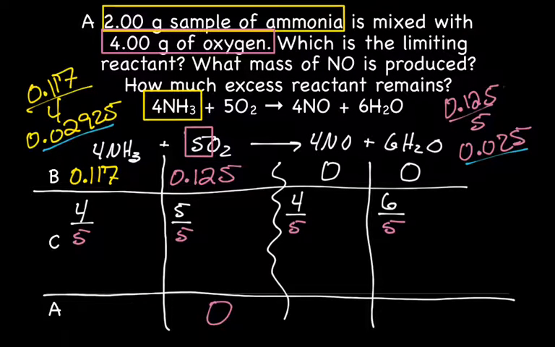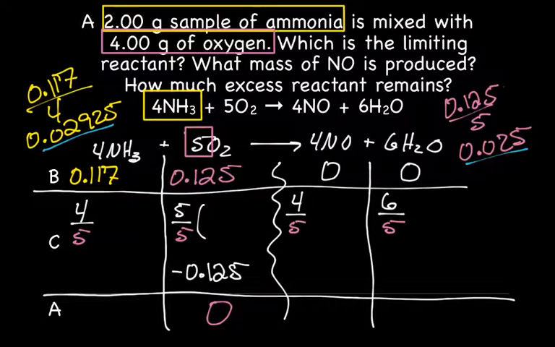Okay, so from here, we can now figure out our change. How did we get from this 0.125 to 0? Well, we had to lose negative 0.125, right?